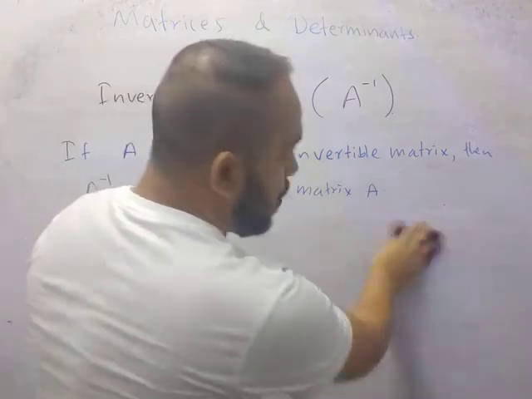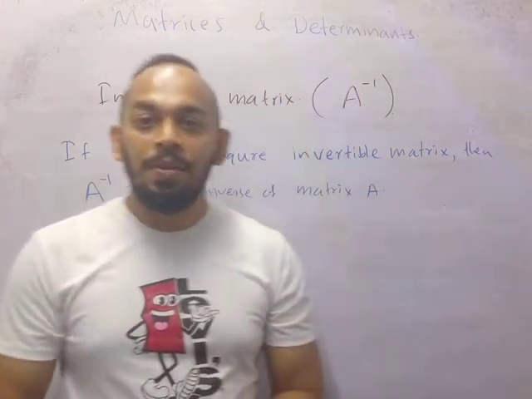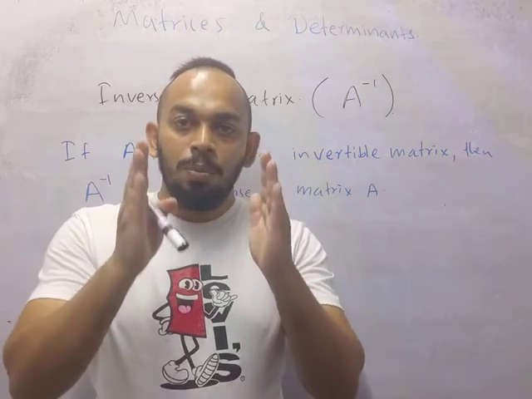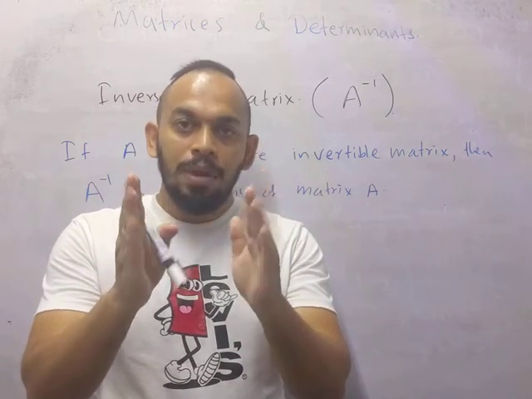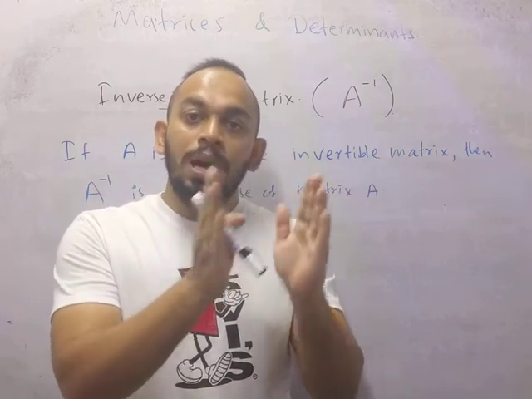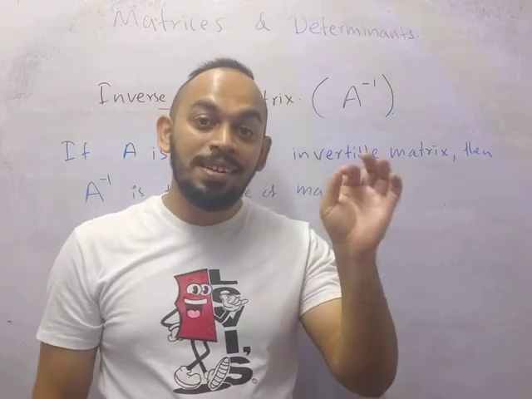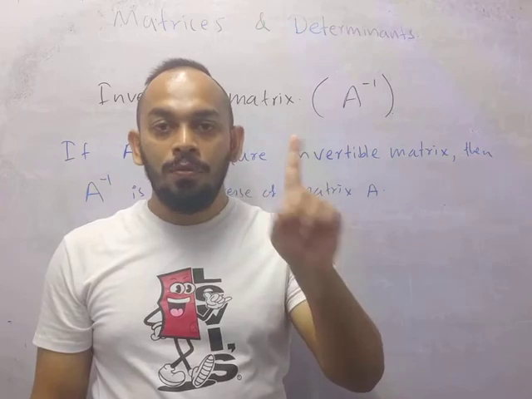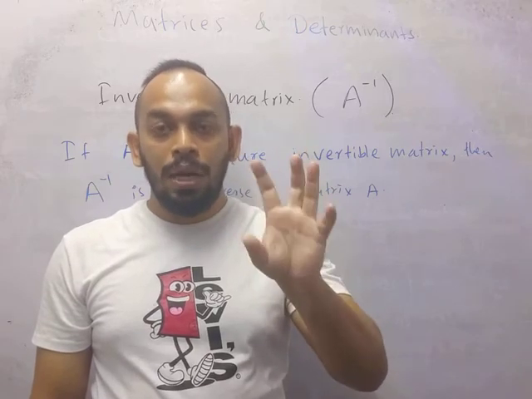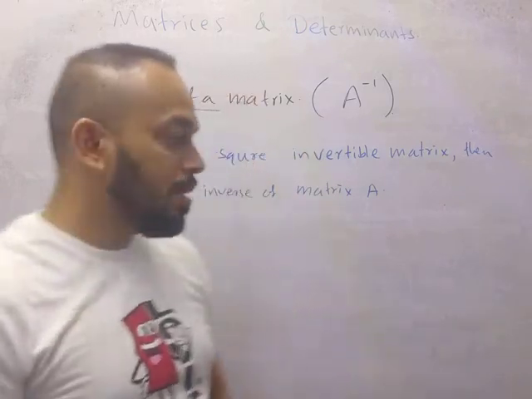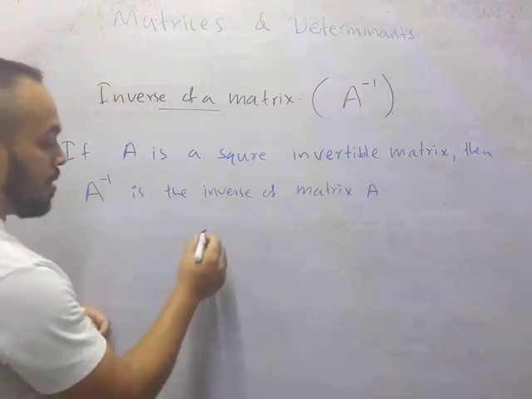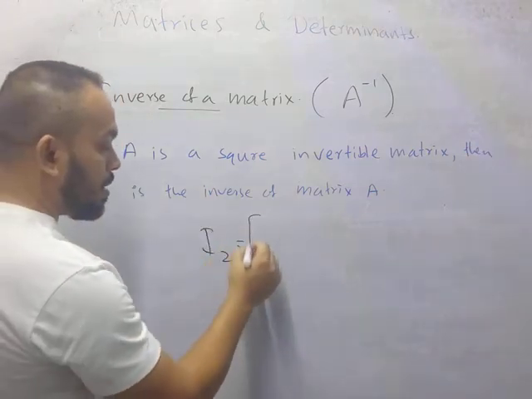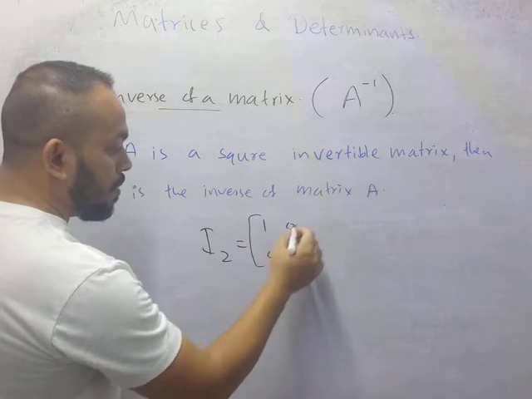This is how we find the inverse of a matrix. When you multiply a matrix by another matrix, the answer is not 1, the answer is the identity matrix. In the matrix universe, you don't have 1 or unity, you have an identity matrix. What is an identity matrix? I2 is 1, 0, 0, 1.